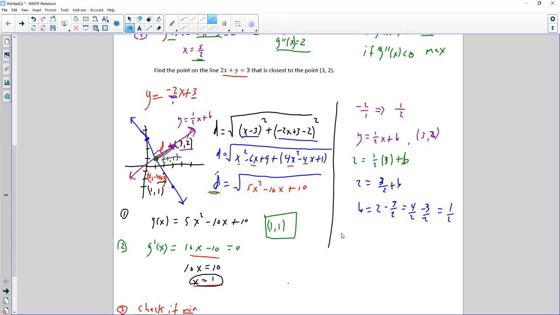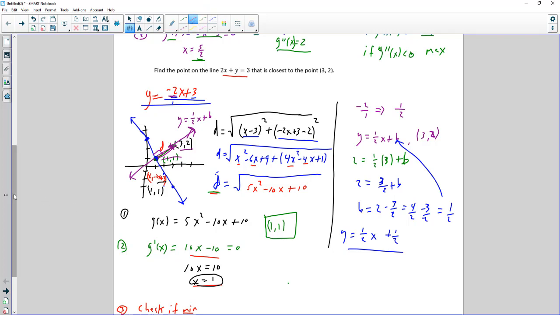Now I have an equation. I'm going to plug this value back in for the unknown b. So this equation is going to be equal to 1/2 x plus 1/2. Here's a way you could have done it. This is the equation of my purple line, and I already have the equation of the blue line, which is -2x plus 3. So I'll just set this equation equal to this equation and figure out where they intersect, and that will be the point that I was after, as it turns out, for the answer.